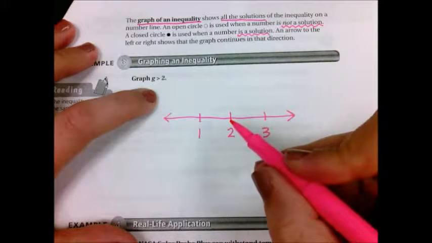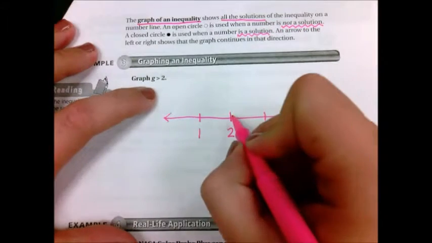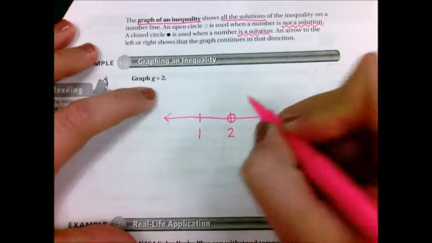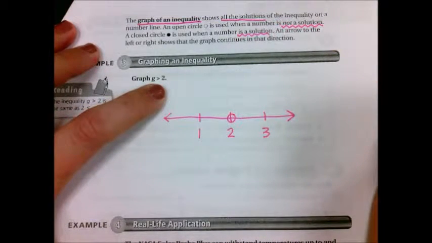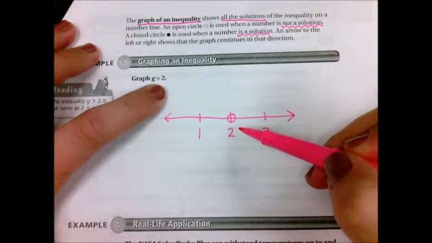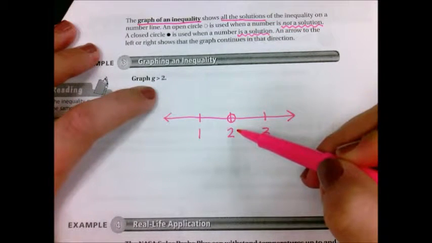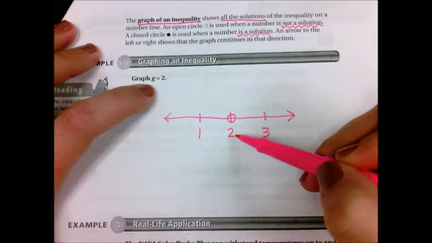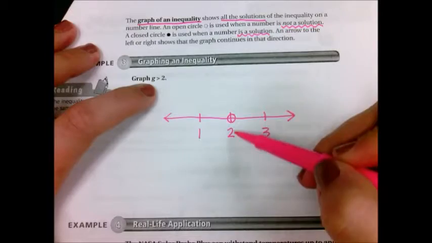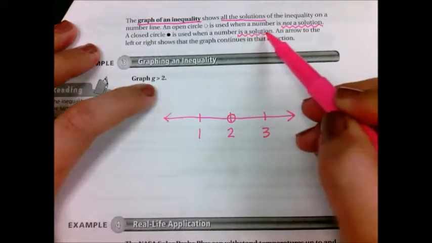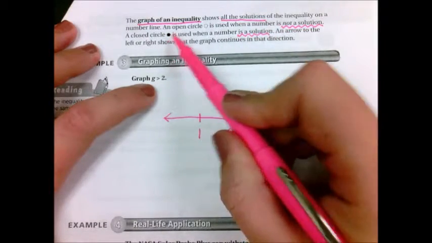Now, to start off with my graph, I'm always going to put a circle on the number that's in the problem, the 2. I need to decide if 2 is a solution to this. So if I put a 2 in for g, will this be true? If it is true, if it is a solution, then I'm going to color the circle in.